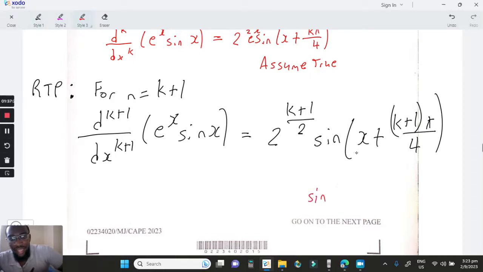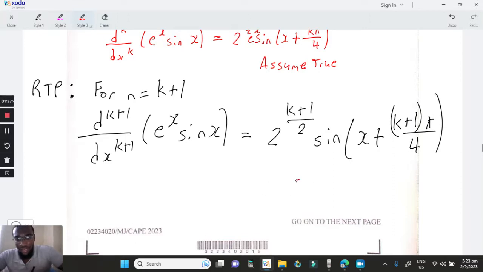This is really sine, this is really x plus, this is k plus 1 pi over 4. So the formula says it is sine A cos B, so that's cos of k plus 1 over 4 pi, and then it is cos A. Let me write it out.